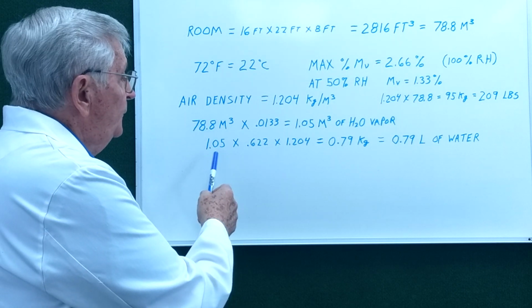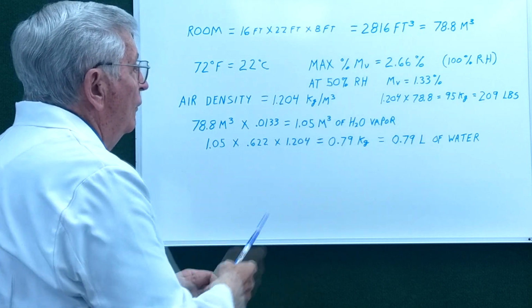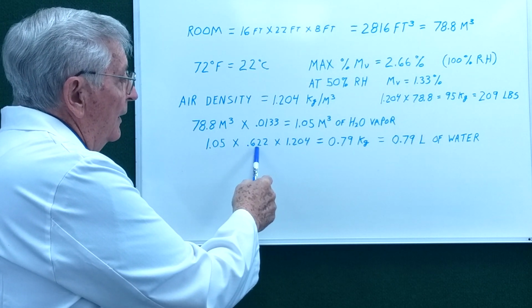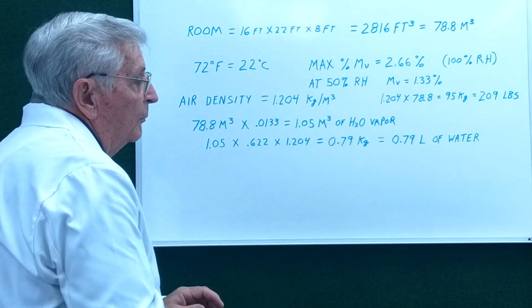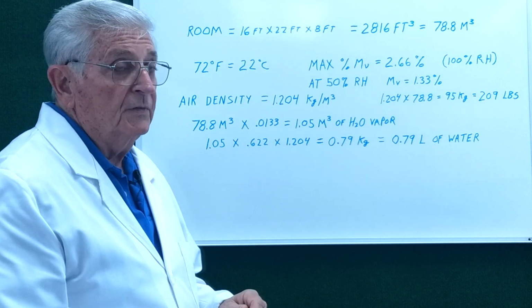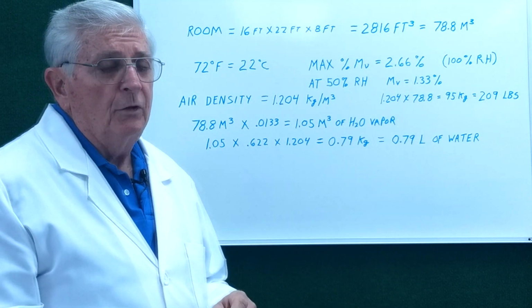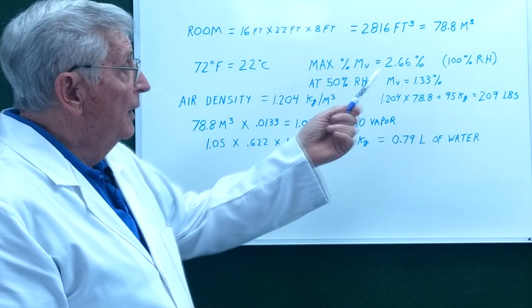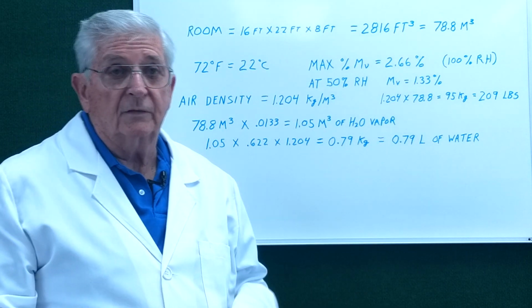So if we take our 1.05 cubic meters times the density of water vapor, we end up with 0.79 kilograms. So there's almost 0.8 liters of water in this room. And if we were at 100% RH, that would almost be 1.6 liters.